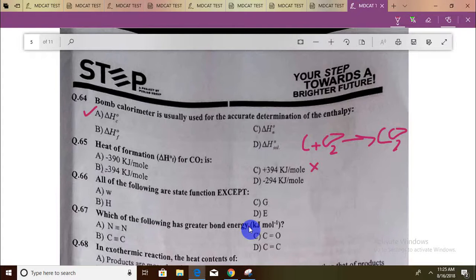And the answer is negative, or is it positive? It's positive 393.7 kilojoules. It's negative 393.7 kilojoule per mole. So it's negative 394. And this is indeed in the chemical energetics topic.